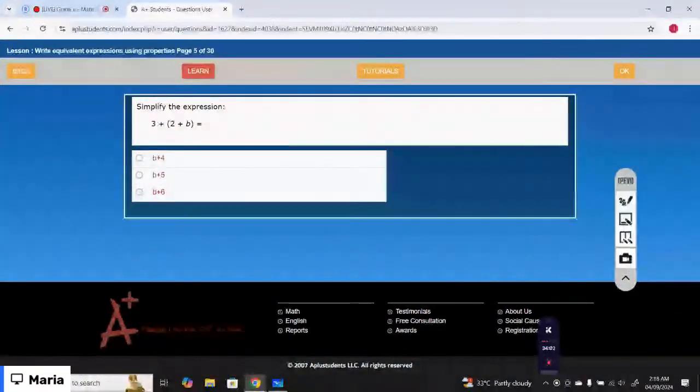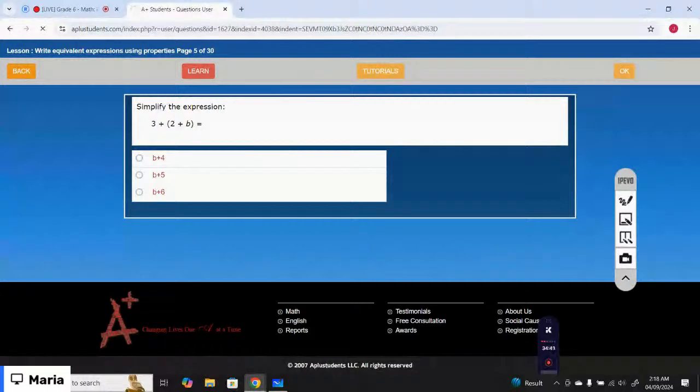Okay, the next one is simplify the expression 3 plus 2 plus b. Yes, b plus 5, it is right. Option number 2 is the correct option. You can complete the lesson by yourself later today. Let me move on to the next lesson.